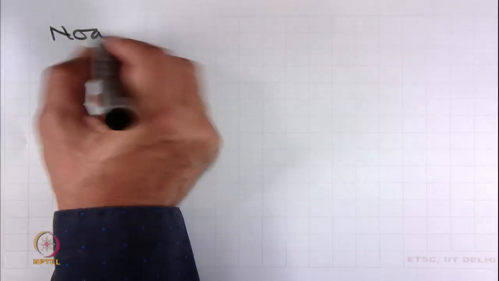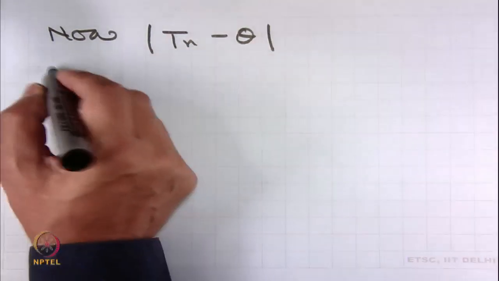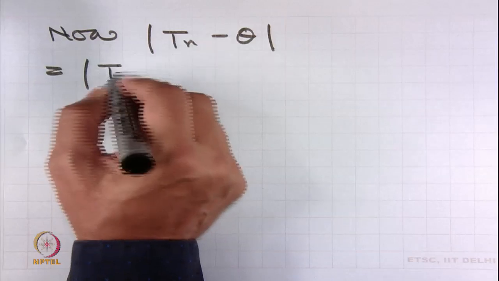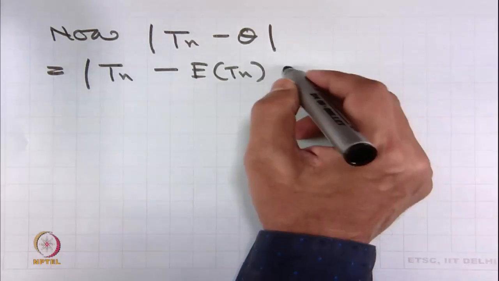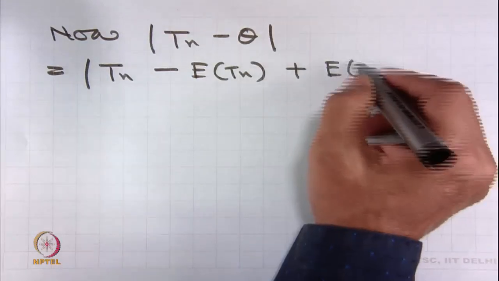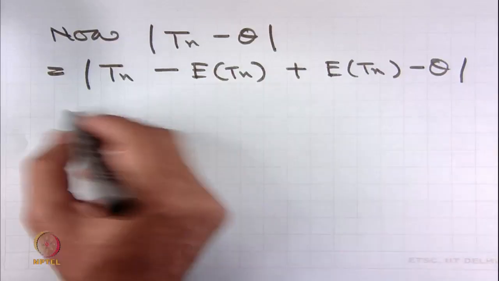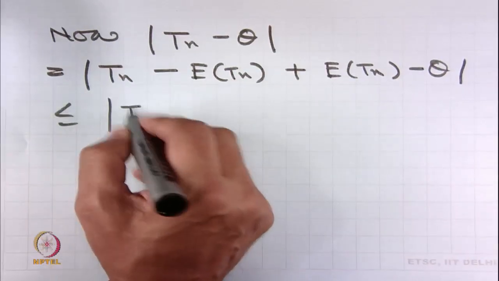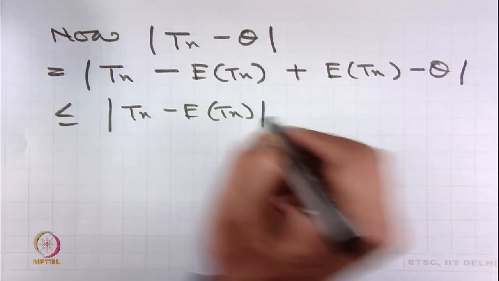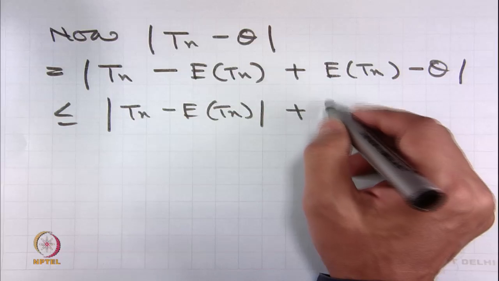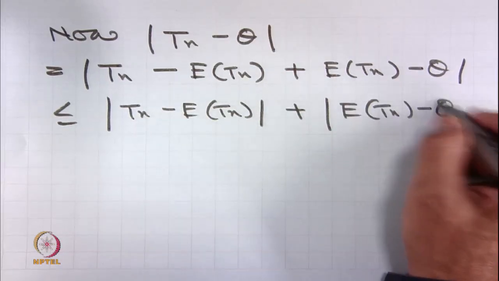Now, modulus of T n minus theta is equal to modulus of T n minus expected value of T n plus expected value of T n minus theta, which is less than or equal to modulus of T n minus expected value of T n plus modulus of expected value of T n minus theta.